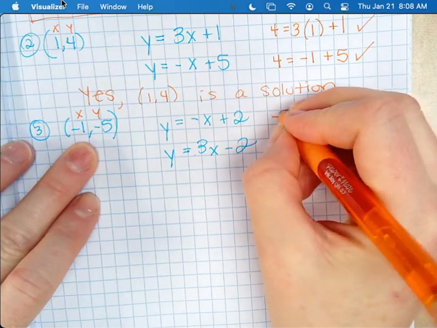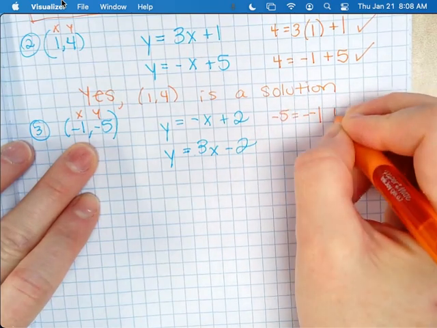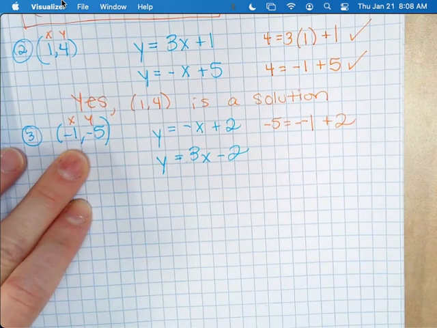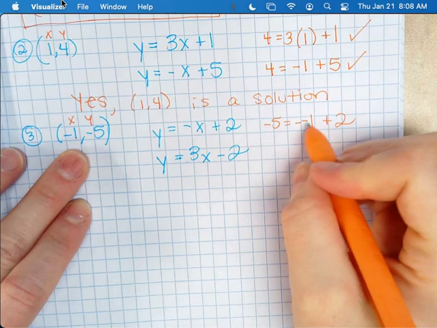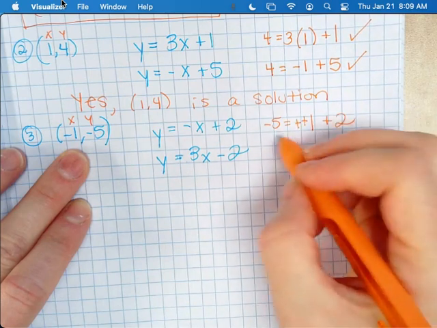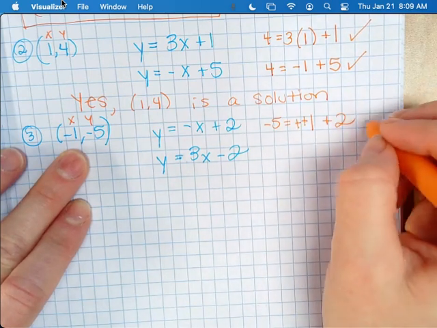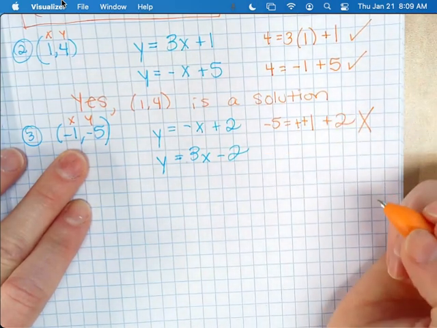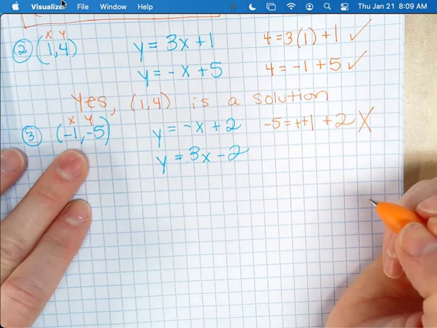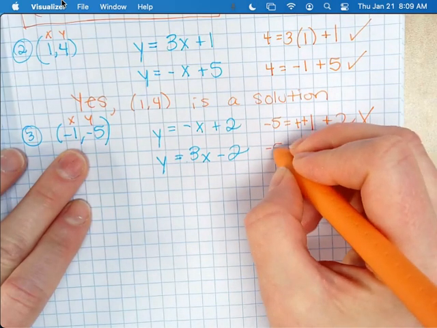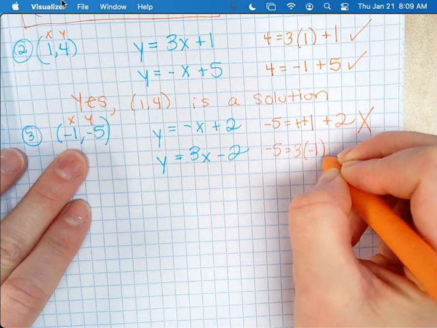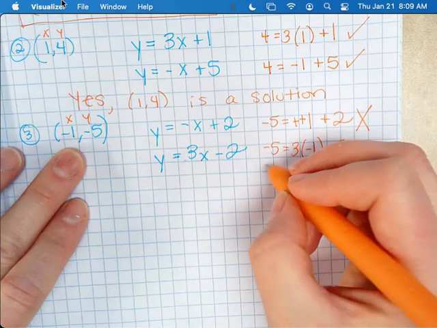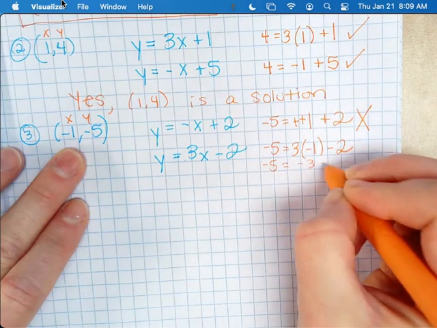So this would be negative 5 equals negative 1 plus 2. Negative would become plus, so it's negative 5 equals 1 plus 2. Is that true? No. So do we really need to check the other one? You can. It would just be negative 5 equals 3 times negative 1 minus 2. Negative 5 equals negative 3 minus 2.